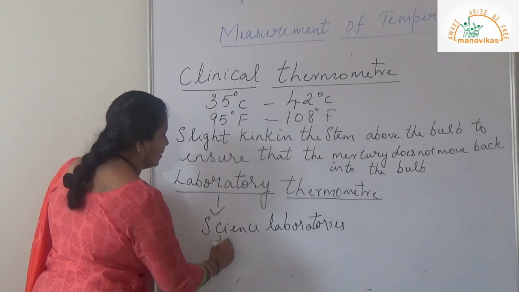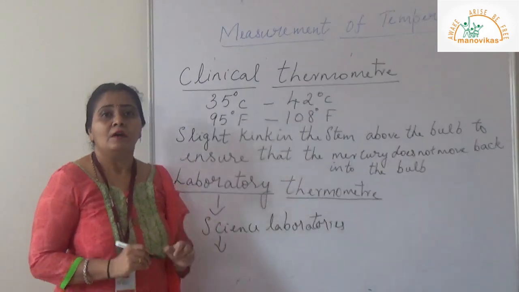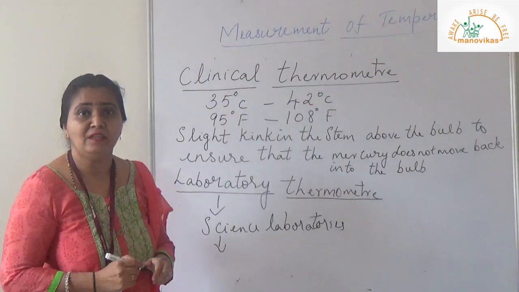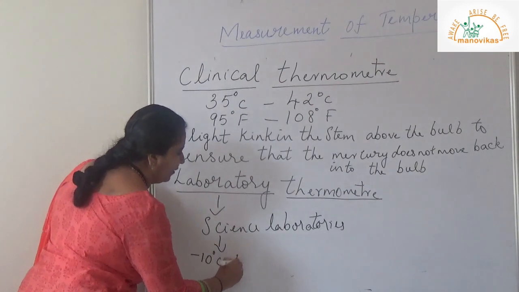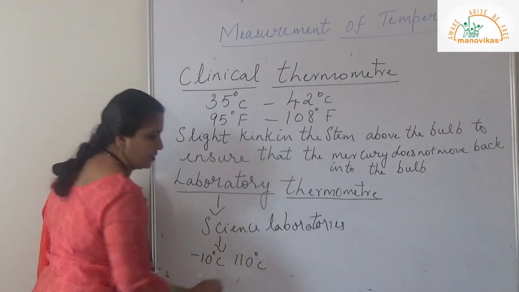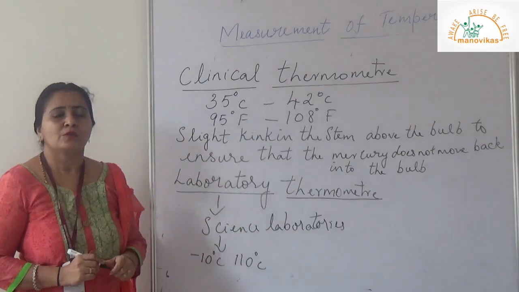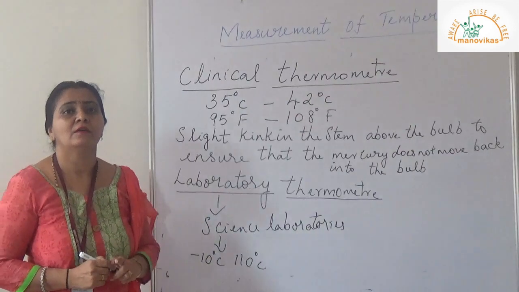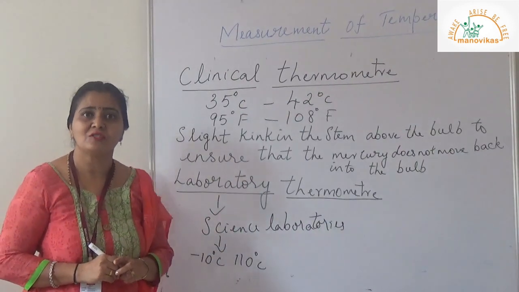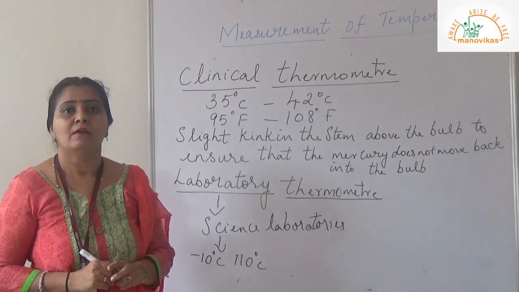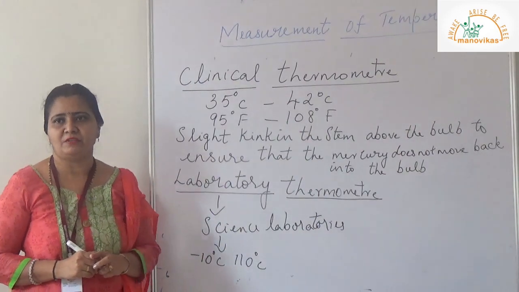The stem of the thermometer has markings from negative 10 degrees Celsius to 110 degrees Celsius. So this is about the different types of thermometer: clinical thermometer, digital thermometer, and the laboratory thermometer.